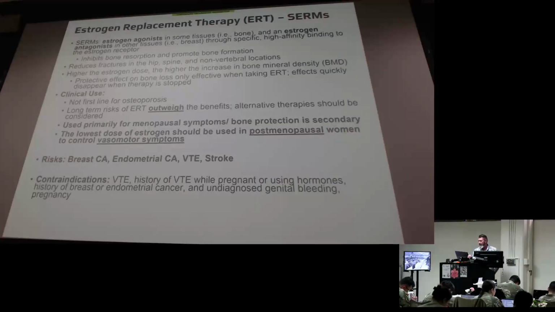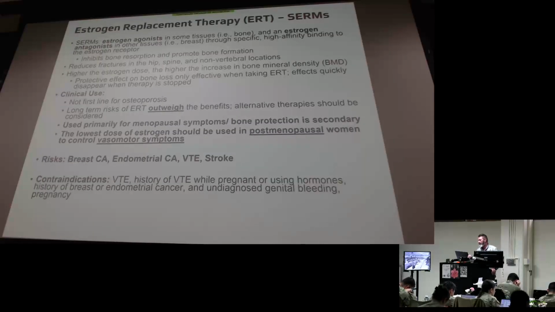So raloxifene is an estrogen agonist, so it acts the same as estrogen on the bone, that's good, and an estrogen antagonist in the breast and uterus, also good, two good things, right? Also, when you have the higher estrogen dose, as you see on the slide, the higher the increase in the bone density overall.